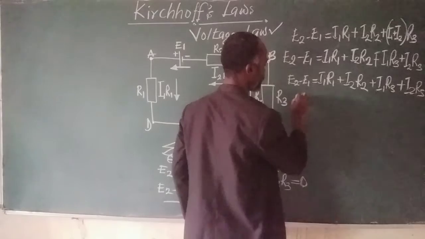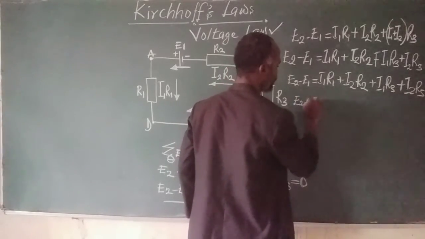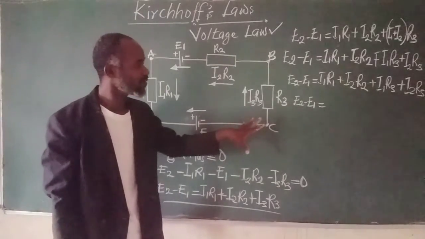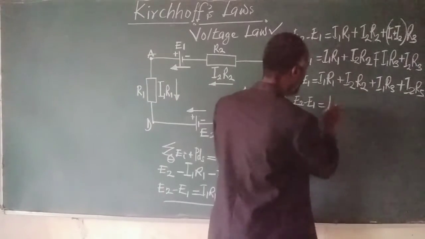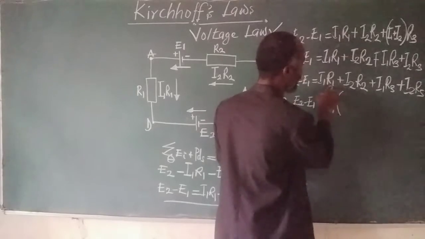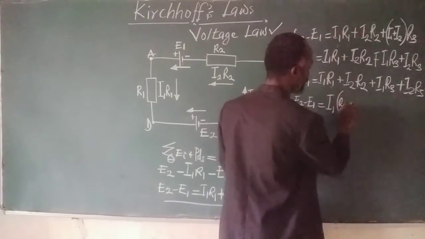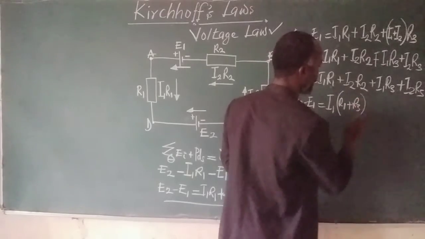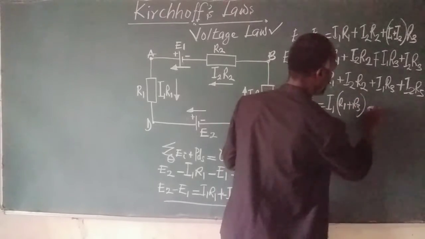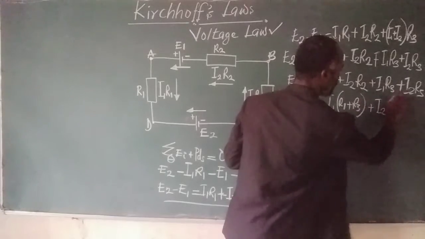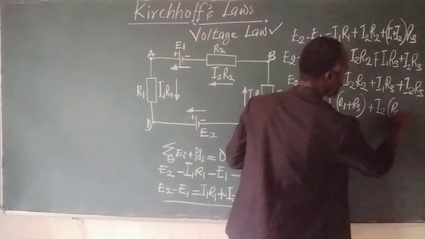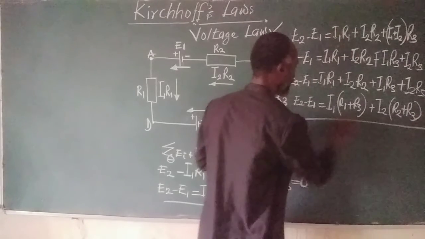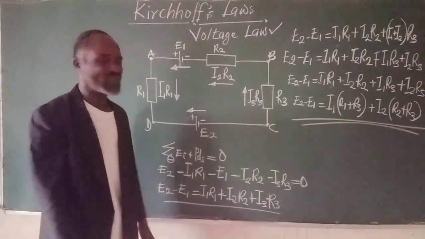So further analysis is this minus this is equal to, so we're trying to get that. The next thing we need to do: all I1, bracket, R1 goes in. There's I1 here, that is plus R3, together. So we take I2 and all I2, bracket open, R2 plus R3. That is so interesting.